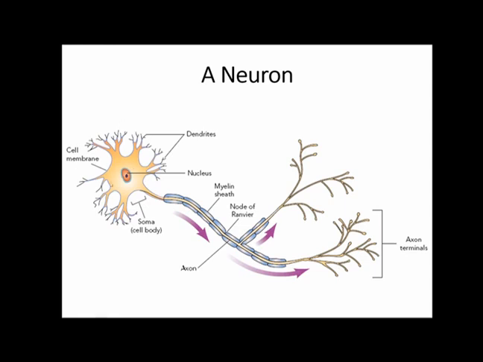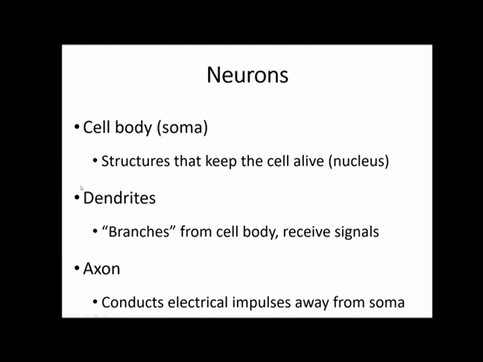This is our soma. Our next part of a neuron are the dendrites. And these are branches that extend from the cell body. And our dendrites receive signals. So our dendrites are like satellite antennas picking up signals from other neurons.